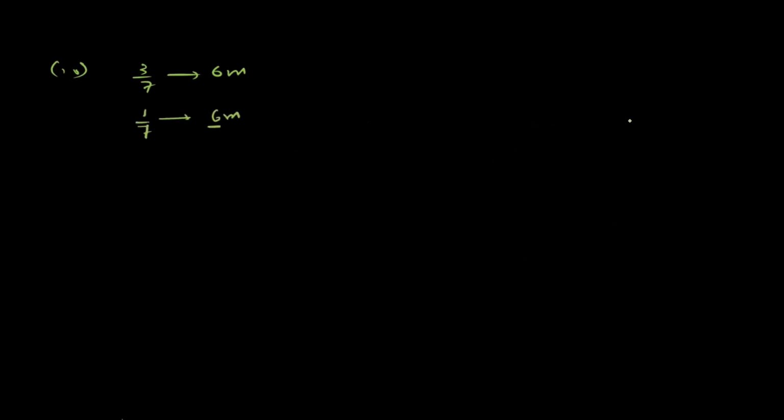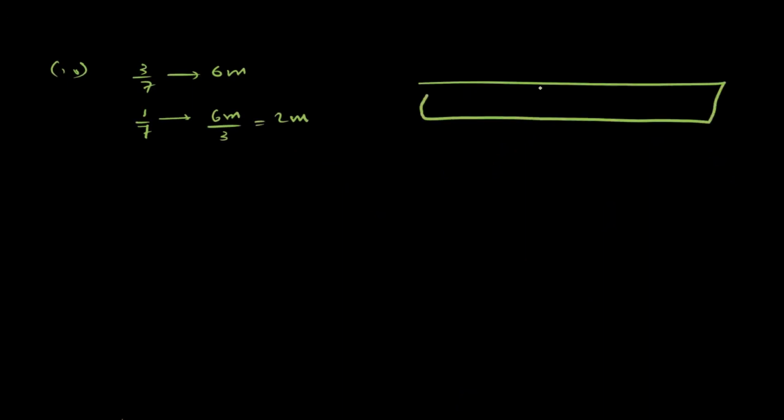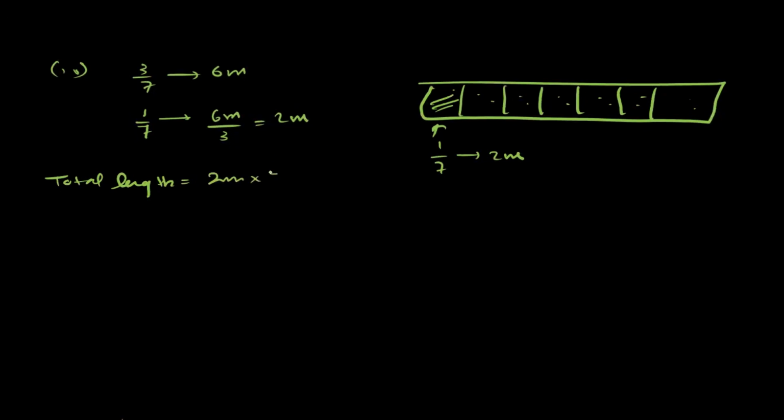If you divide the entire stock of cloth into 7 equal parts, one portion is 1/7, and its real value is 2 meters. We have 7 such portions. Therefore, 2 meters multiplied by 7 will give you 14 meters.